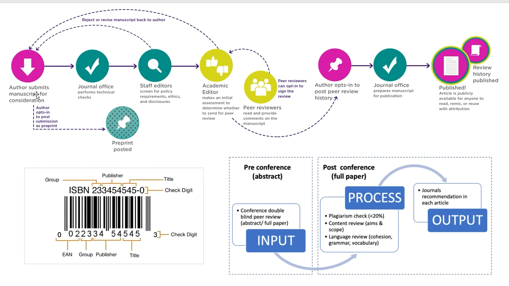Then if the author wants to submit their article to a journal, it is sent directly to the journal or conference platform, which automatically checks whether it is good or not. Then staff screen the policies, publication ethics and research ethics.